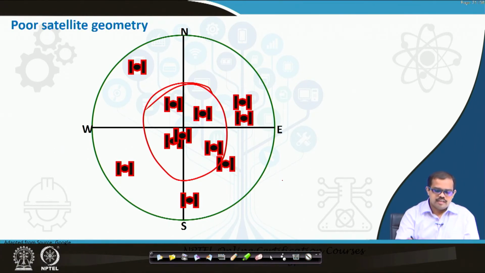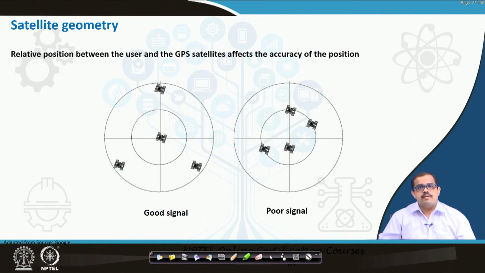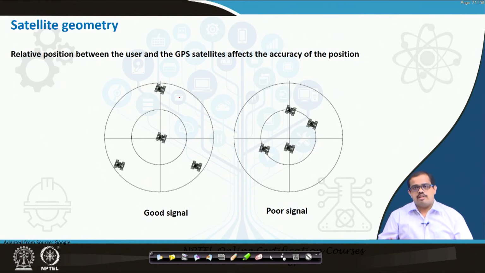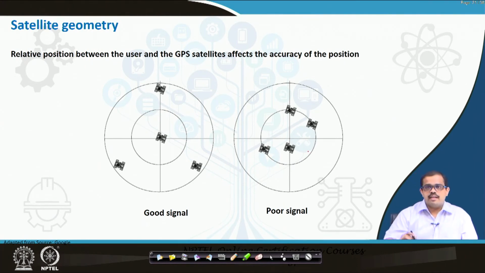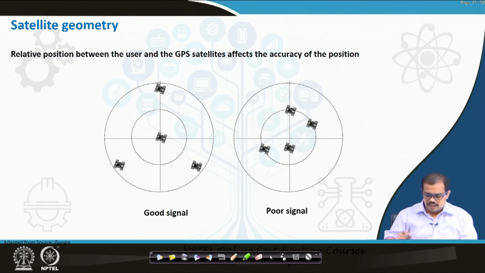So when we are looking at this, there is also a concept of how the relative positioning between the user and GPS satellites is affected. For example, if you have something like this, there is no crisscrossing, so you have the best signal, and your measurements are quite precise based on the positioning service you have. But if you have something like this, even with a precise positioning service, you may have certain errors induced because of the satellite signals.